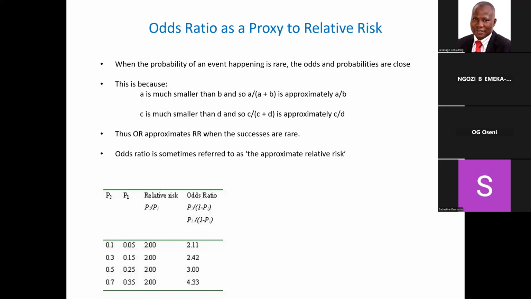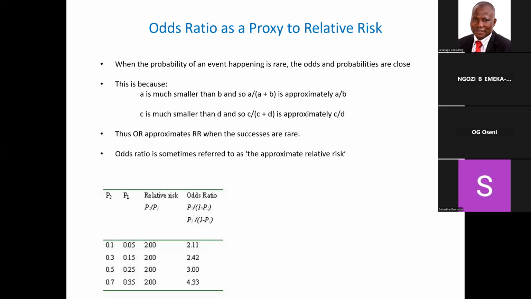But when the risk is very low, even though the odds is greater than the risk, the value is closer and closer. So that is why, in a nutshell, whenever the prevalence of the disease is very low, it's a waste of money even conducting a cohort study, where you calculate the risk, because you need to calculate the risk and calculate the relative risk.